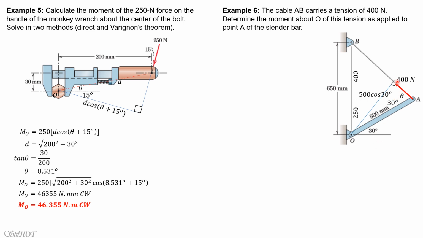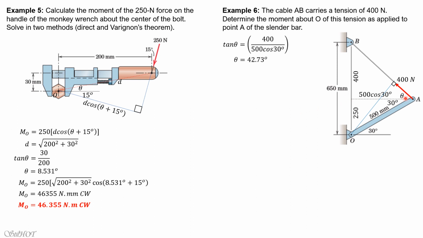The moment arm is 500 times sine of theta plus 30 degrees, where theta can be solved from this right triangle. Tangent theta is 400 over 500 cosine of 30 degrees, so theta is 42.73 degrees.